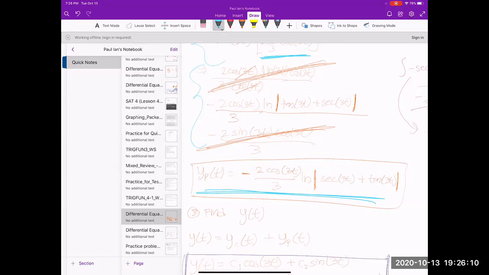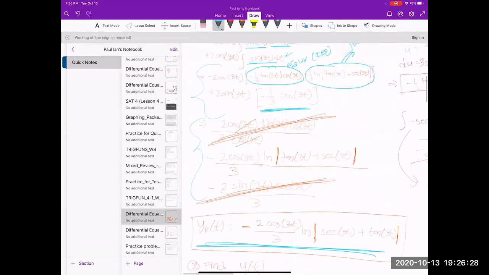So the cosine, secant. Would you have it in yp? Yeah, because I don't think you could cancel anything that you underlined in blue at the bottom. You should get that term.